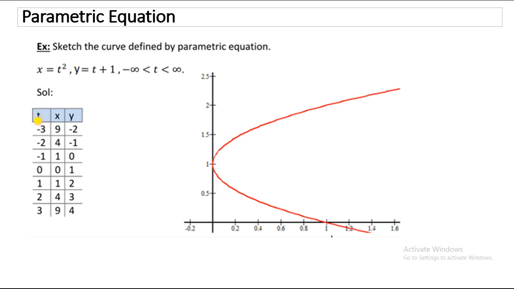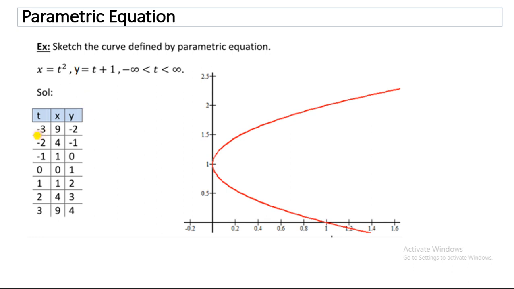Because t goes from minus infinity to infinity, we take negative values, zero, and positive values. I take minus 3, minus 2, minus 1, 0, 1, 2, 3. Then substitute t to find x and y.